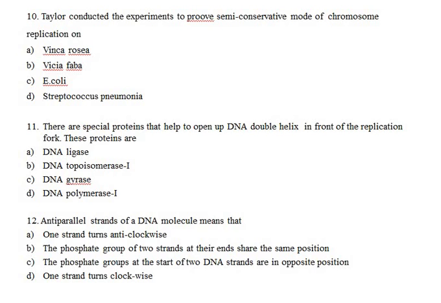These proteins are: option A, DNA ligase, option B, DNA topoisomerase 1, option C, DNA gyrase, option D, DNA polymerase 1. So you know that DNA ligase mainly helps to join the DNA fragments. It doesn't have any role in opening up the DNA double helix.